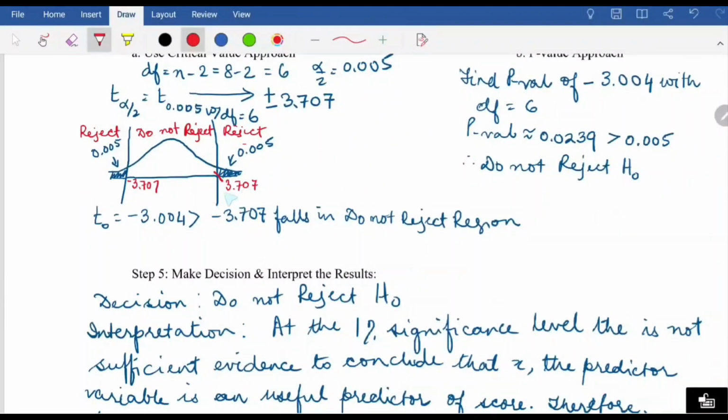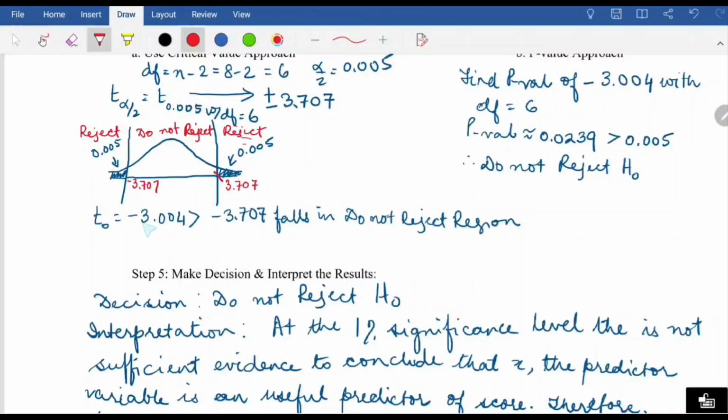And then you bring your test statistic, which is negative 3.004, and see in which region it falls. So minus 3.004 is actually between negative 3.707 and positive 3.707.